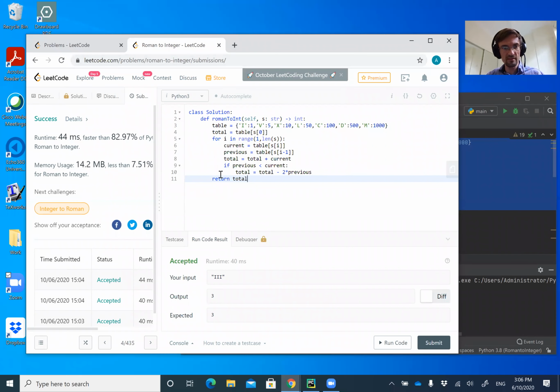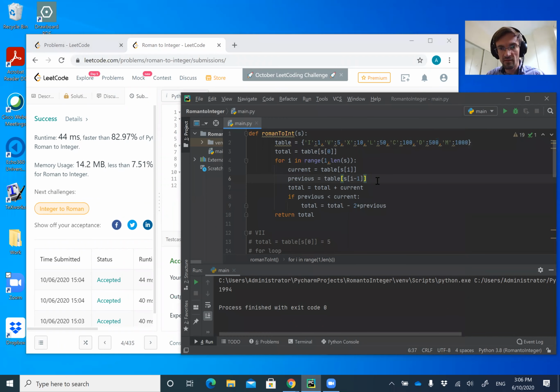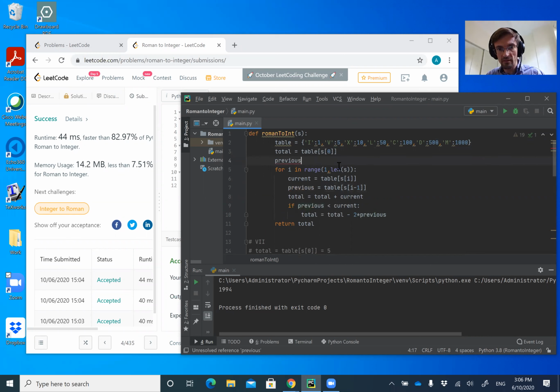Okay, so I didn't really get the best time I wanted, so I was thinking there is a small adjustment. I guess you're calling these things twice, so maybe we could do previous outside, like that, and just table 0 as well, and then not make a call in the table but run this here.